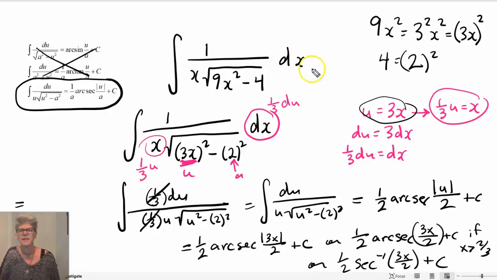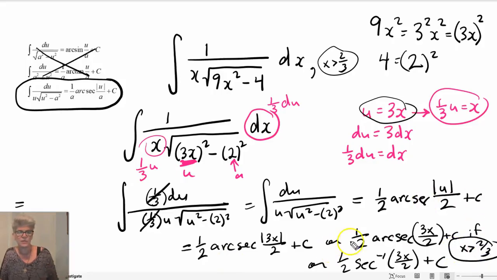Sometimes at the beginning of the problem they'll stipulate that x is strictly greater than 2/3, in which case you can drop the absolute value symbols. But you do have to qualify it if you haven't been told this. So you just can't drop absolute value symbols willy-nilly. So I have stipulated if that were the case we could drop them. If you weren't told any better, then that's the generalized version.